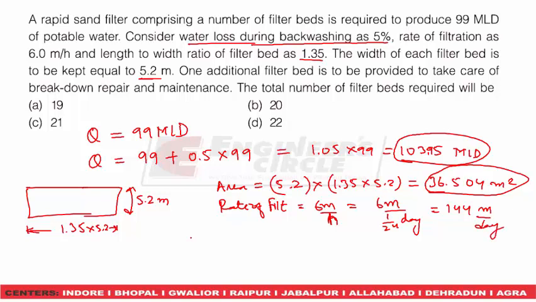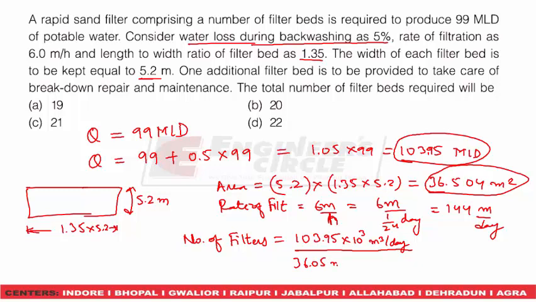So the number of filters required will be equal to the discharge, that is 103.95 into 10 to the power 3 meter cube per day. 1 mld is equal to 10 to the power 3 meter cube per day. Area of each filter, that is 36.504 meter square, and rate of filtration 144 meter per day. So all the units are consistent.